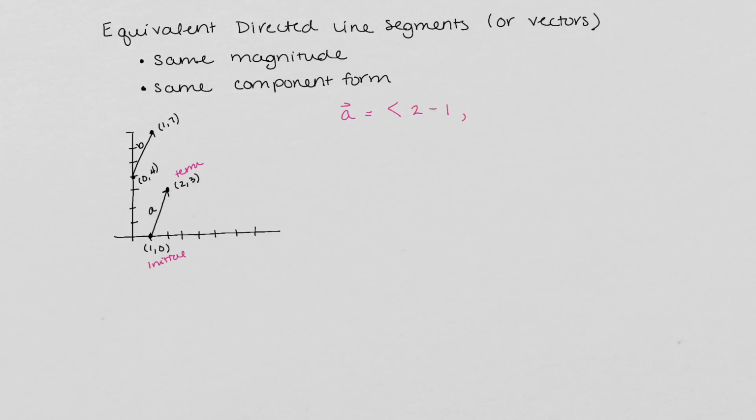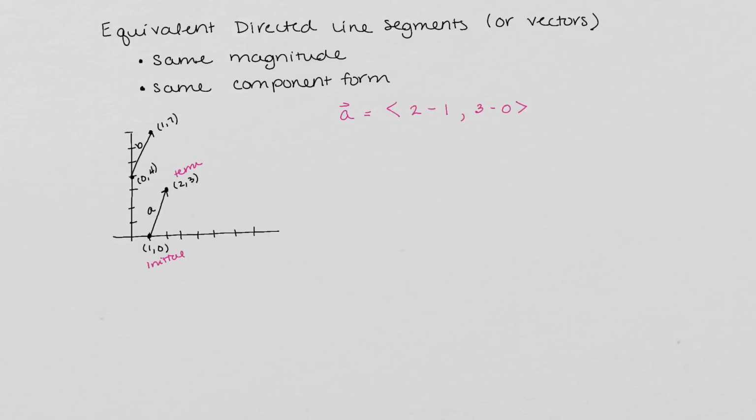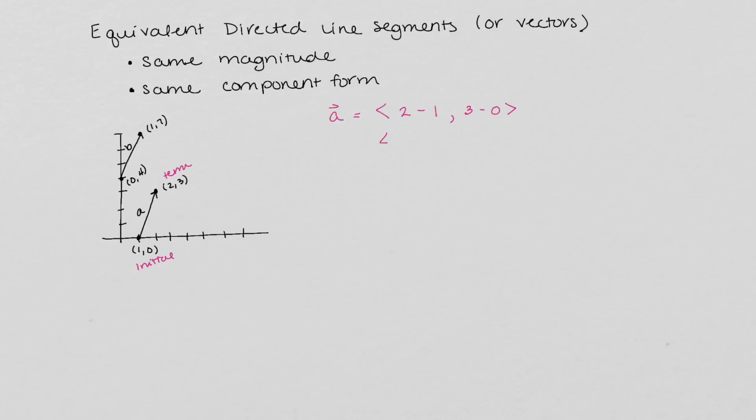And then comma, I'm going to take the y value from my terminal point, which is 3, and subtract the y value from my initial point, which is 0. And then I close my little arrowed point there. So this is <1, 3>.